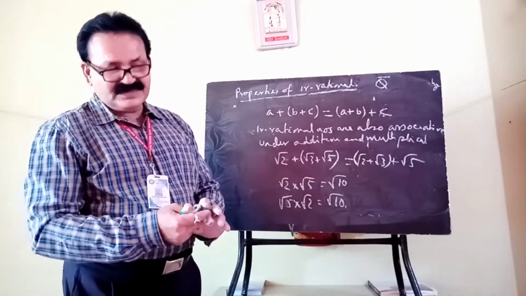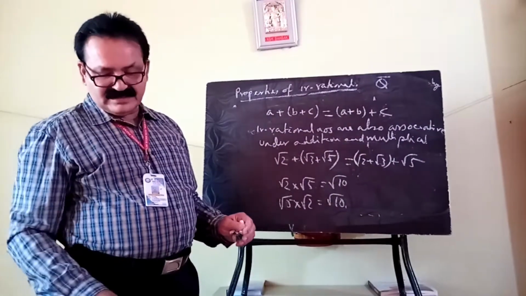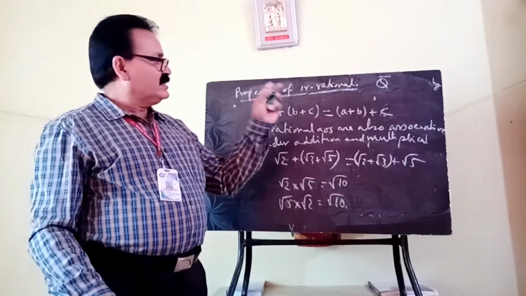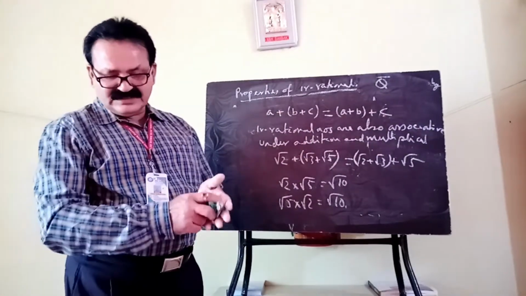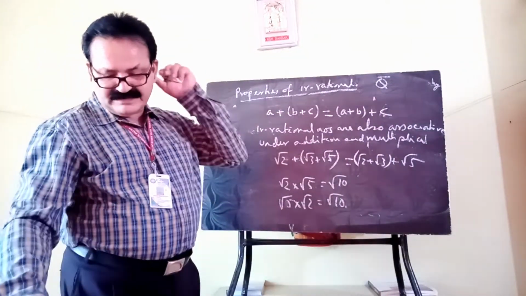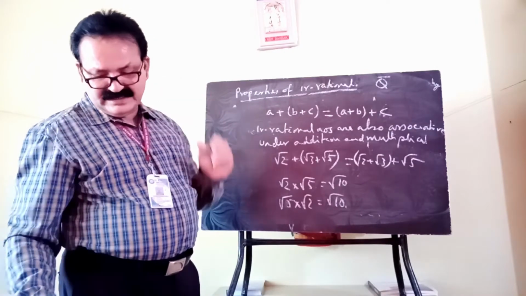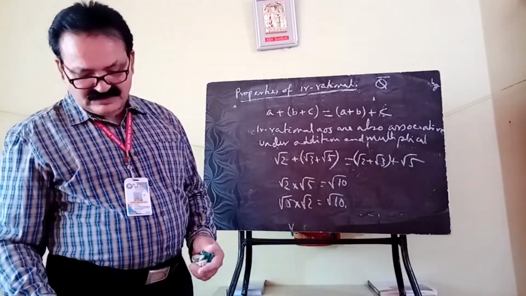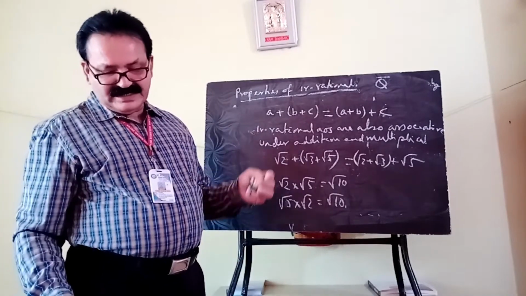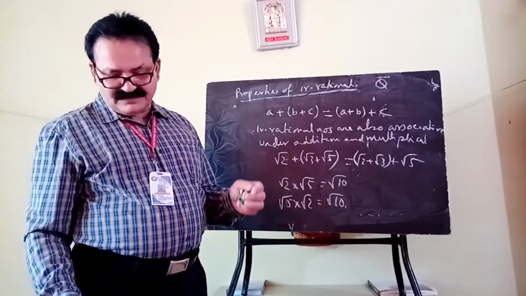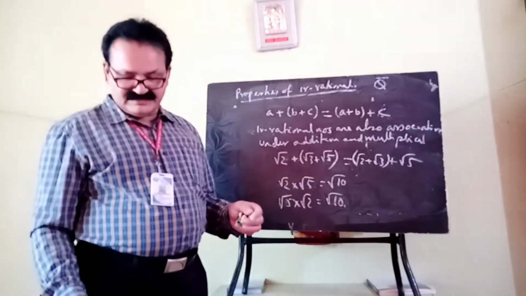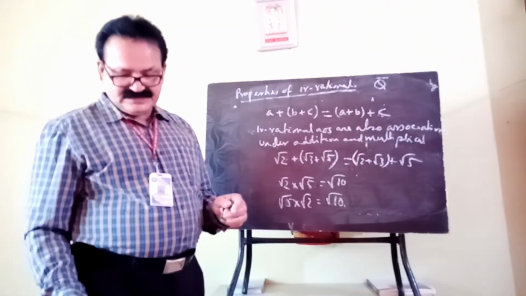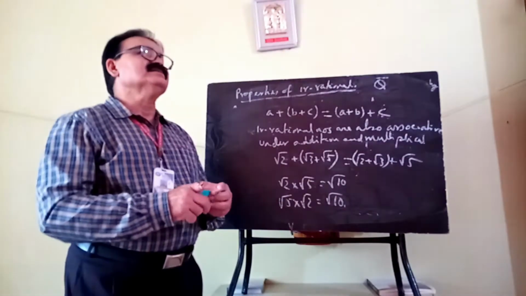Similarly, if you consider irrational numbers, there is no multiplicative identity, like 1 or 2, whatever it may be. So there is no multiplicative identity for irrational numbers. Clear?